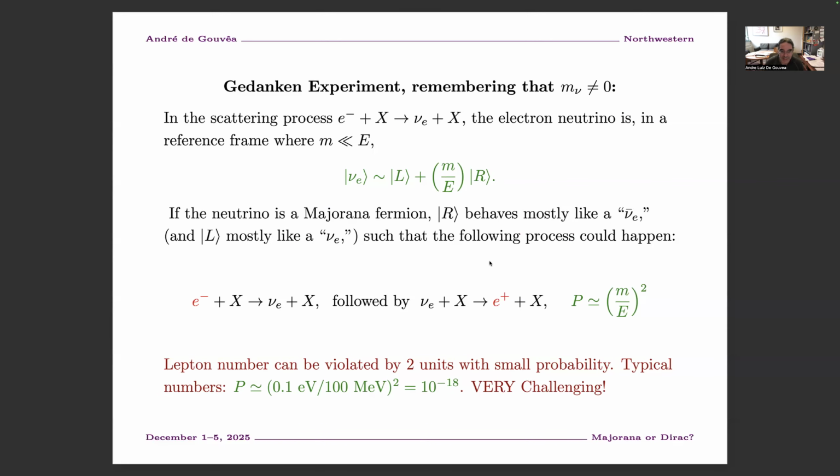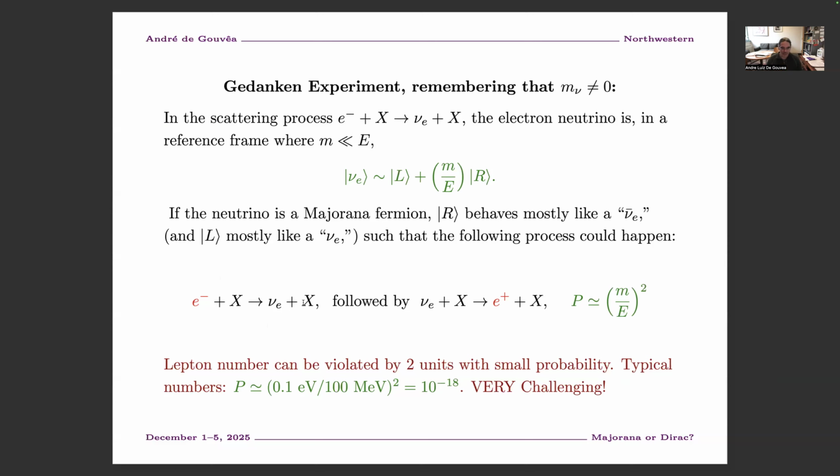So it is possible, if the neutrino is a Majorana fermion, that it will choose to behave like this right-handed helicity object, and the right-handed helicity object is allowed to participate in the weak interactions, which means that I can produce a positron having started out with an electron in the initial state. And this, of course, violates lepton number, and I'll mention that in the next slide.